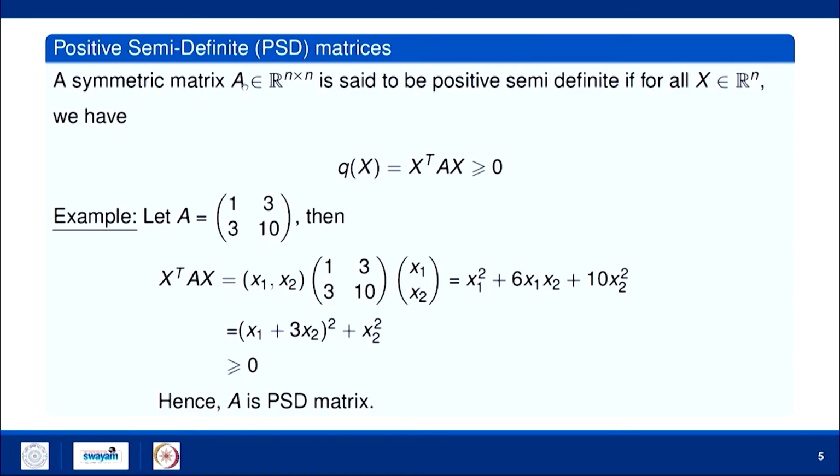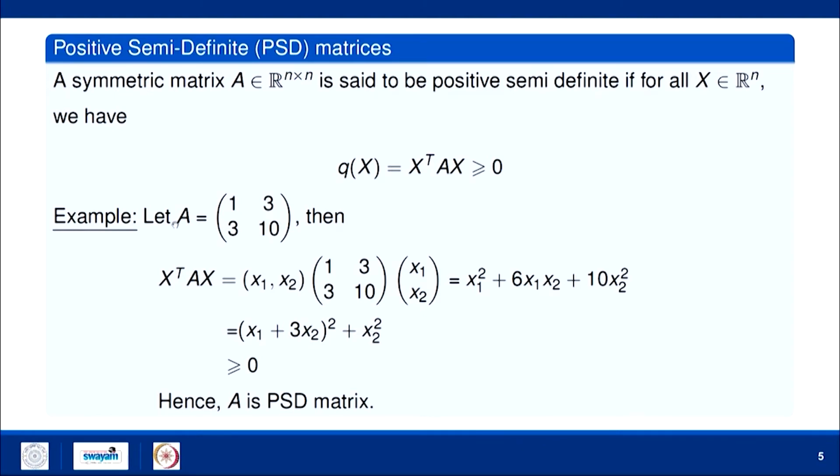A symmetric matrix A of size n by n and having real entries is said to be positive semi-definite if for all x belonging to R^n, meaning for all real n-dimensional vectors, the quadratic form of A, that is x transpose A x, is non-negative. If this condition holds, we say that the matrix A is positive semi-definite.